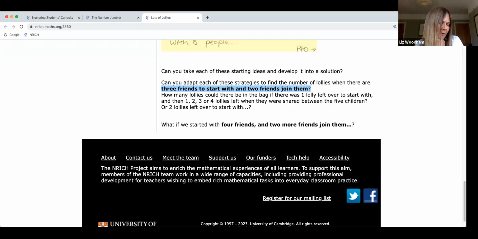I think 33 definitely would have 1 left over when shared between 4. But then when shared between 6, I'm not sure that there would be 2 left over. 17. Yeah, I'm not sure for 17. There's 2 left over when shared between 6.